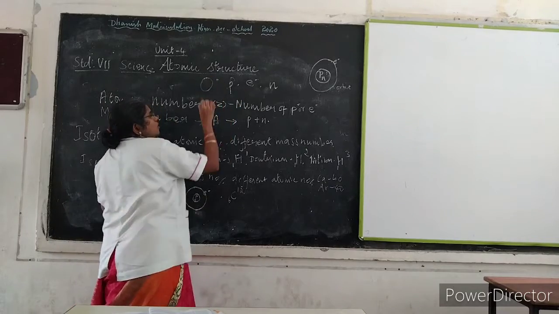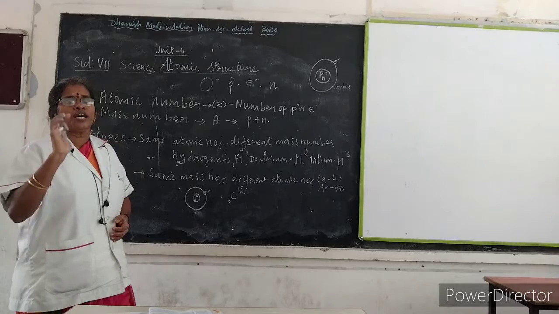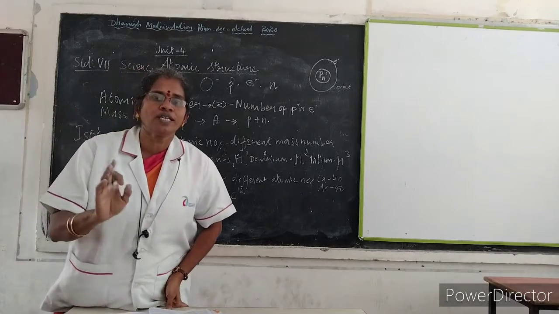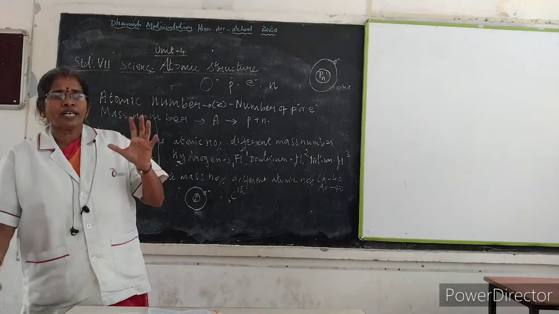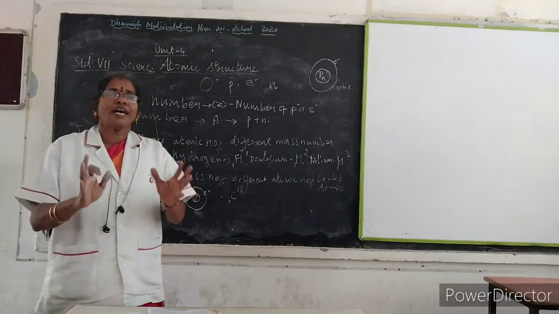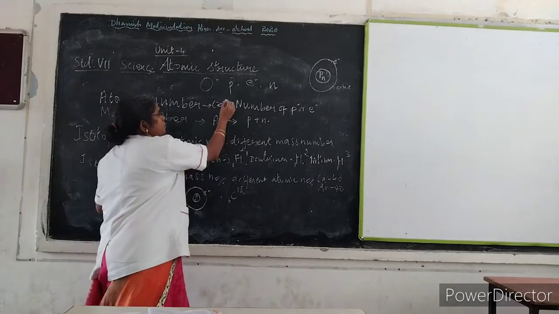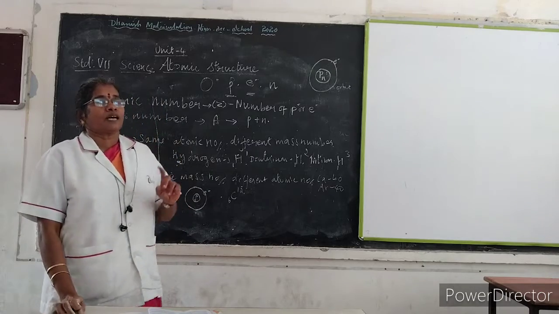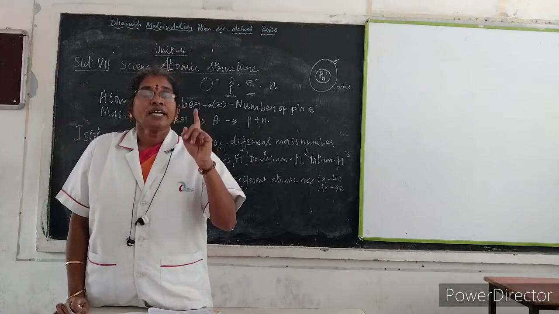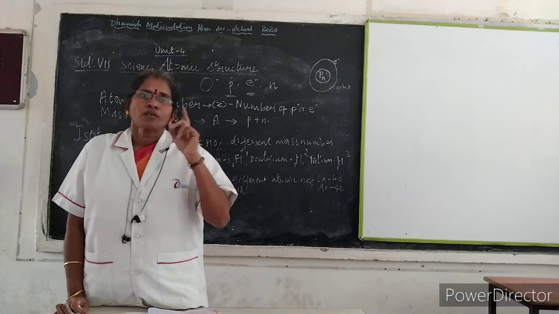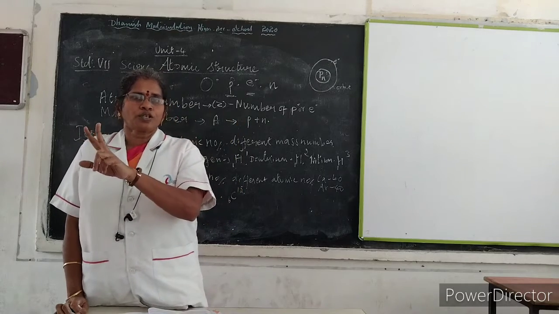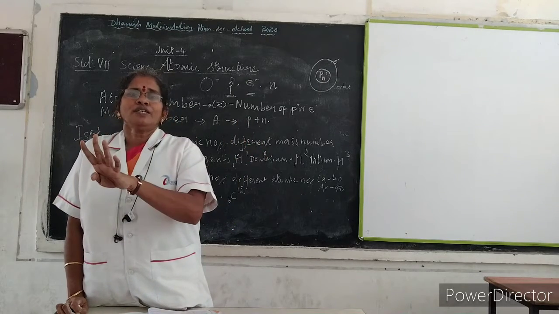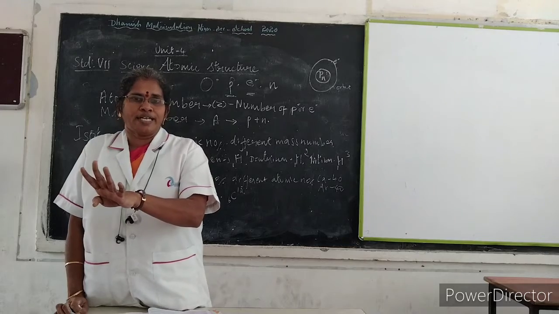The atom as a whole is neutral. How are we saying the atom as a whole is neutral? If you take any atom, it will have the same number of protons and electrons. If an atom has one electron, it will have only one proton. 2 electrons, 2 protons. 3 electrons, 3 protons, like that.